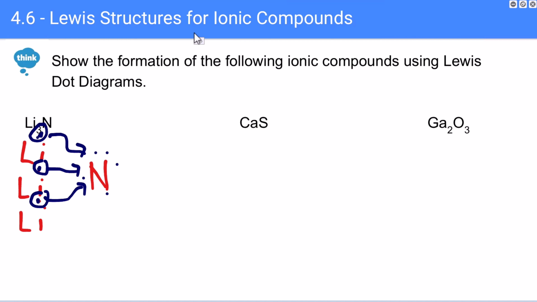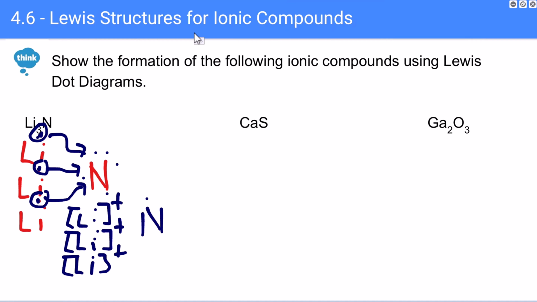That results in our 3 lithiums, each carrying a positive charge, and our nitrogen having a full octet of electrons now, in brackets with a 3 minus.